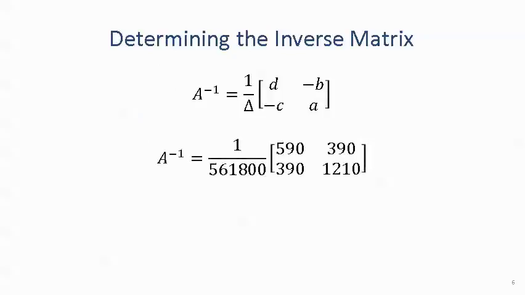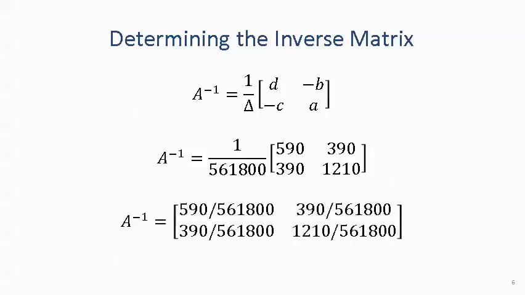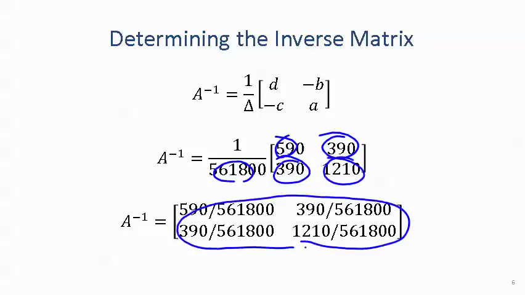So we have these values, and we can linearly multiply: 590, 390, 390, and 1210, each divided by the corresponding 1 over delta. Notice also quickly, the negative signs went away because these were already negative values. So we have minus a minus 390, minus a minus 390. So double minus, and now we have pluses.